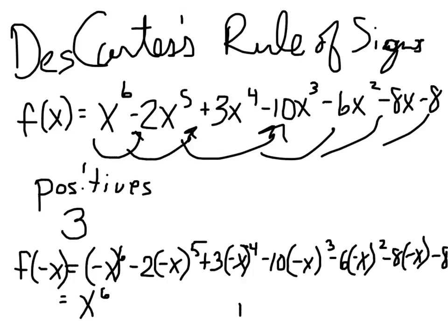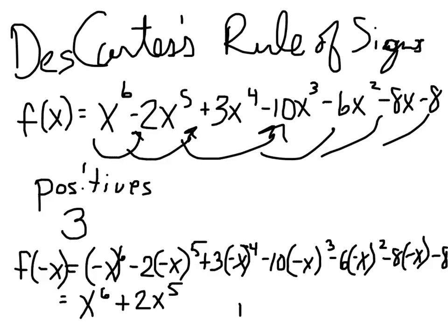But there is a negative sign in front of the 2. So there's 5 negative signs from this one and 1 from that one, which makes 6. So is that a positive answer or a negative answer? Positive. Good. So that's a positive 2x to the 5th. On the next one, I have 4 negatives from the exponent, and I have a positive in the front.